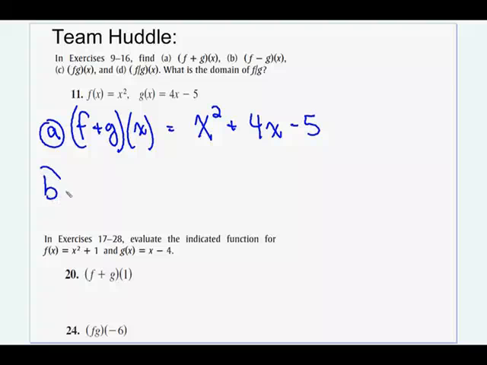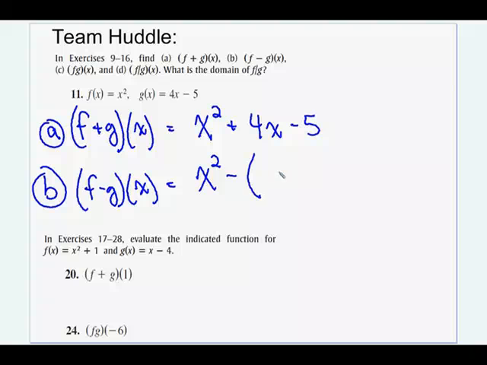Letter B. Now we're going to subtract, the difference, f minus g of x. So again, we just start with the f function first. Now we're subtracting, and we're subtracting a quantity. So we do want the g of x function in its own set of parentheses. And then we distribute the negative. X squared minus 4x plus 5 is our difference of those two functions.